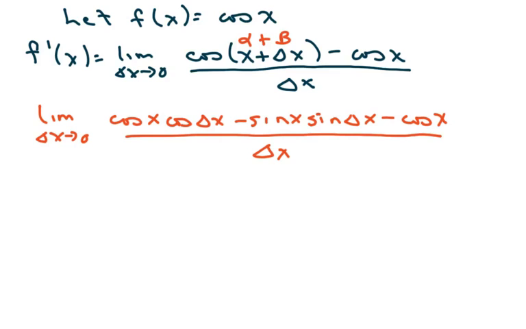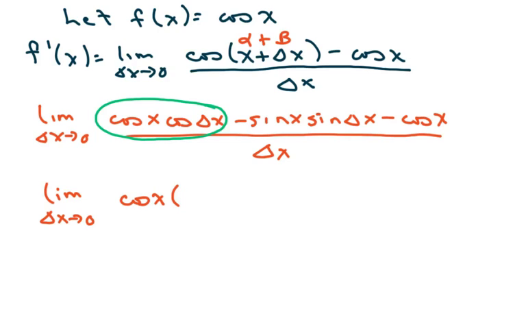So, I'm going to take the limit, and now I want to use my special limits of sine and cosine and rewrite this. So, I'm going to do cosine of x times, what I'm doing, I'm grouping these two together.